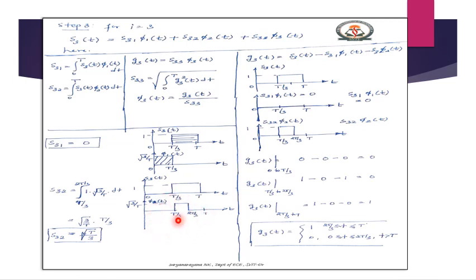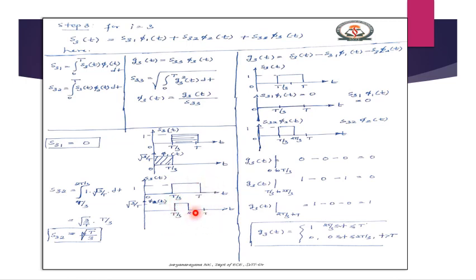When we multiply here, we can take the range of the value from T by 3 to T, where the waveform is present here, and at the middle of this waveform, that is 2 into T by 3, the waveform goes from root 3 by T to 0. So when we multiply this, we will get the values only from T by 3 to 2 into T by 3, and from 2 into T by 3 to T it will be equal to 0.